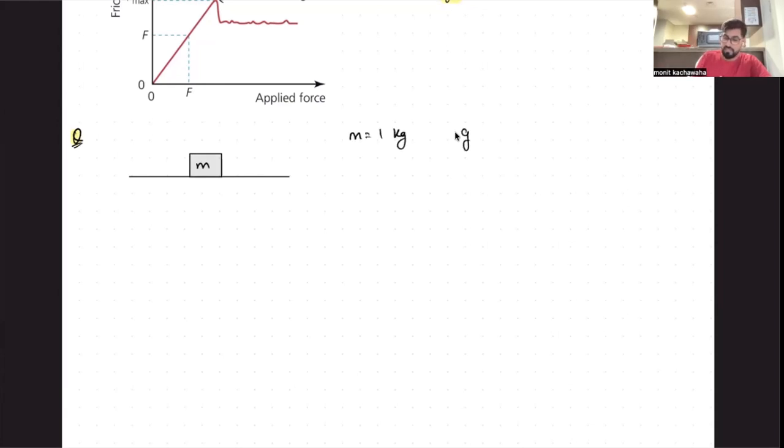Take g as 10 for easy calculation. And let us say mu s is 0.2 and mu d is 0.1. And I apply a force on this block in this direction. This is my applied force. So F applied, let us say, is 1 Newton.